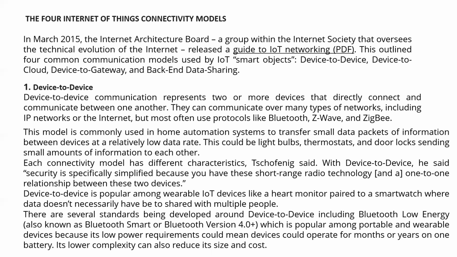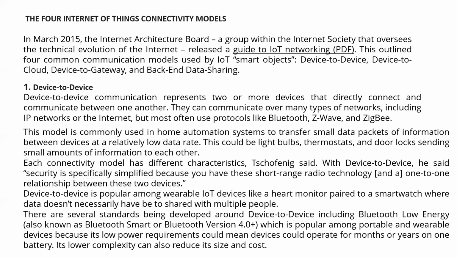Now, as you are using it within the home, short range communication protocols are suitable for this. We have studied which are short range protocols: Bluetooth, Z-Wave and Zigbee, and all of these are used here. Again, if you take a wearable device, this application also uses this kind of device to device communication model.